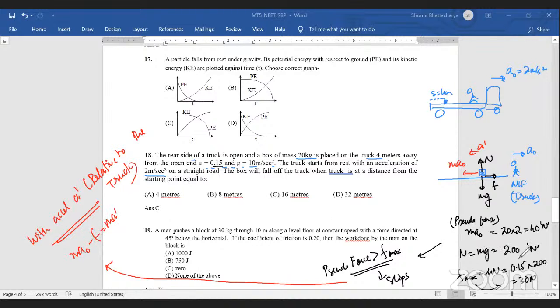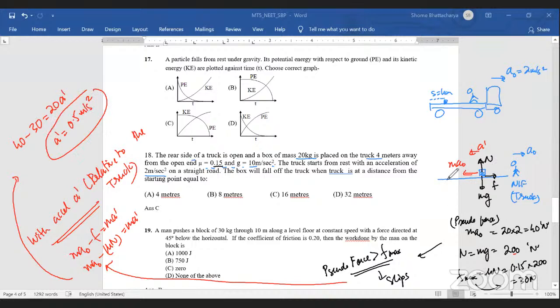Just now we saw that m a naught is 40 newtons, but the friction will be mu N. So the pseudo force 40 newtons minus the kinetic friction 30 newtons is the mass of the block 20 kg into acceleration a prime. So a prime is coming out to be how much? 10 by 20, or 0.5 meters per second square.